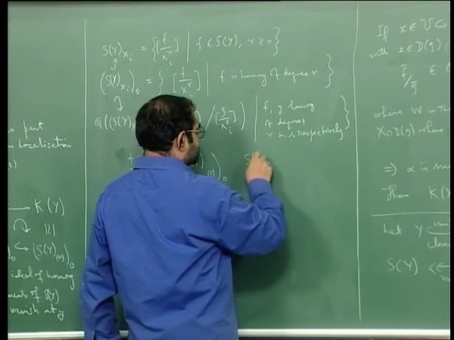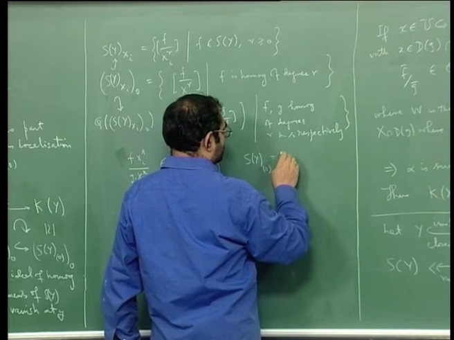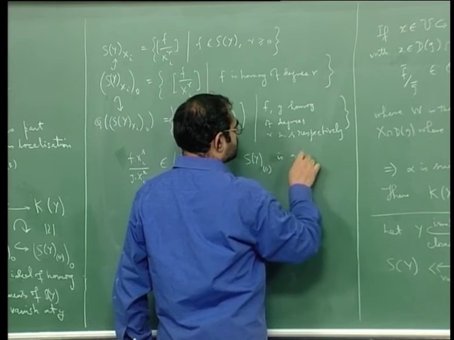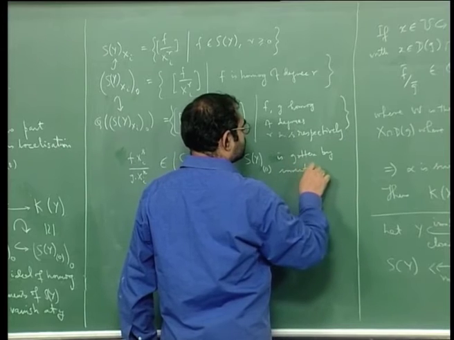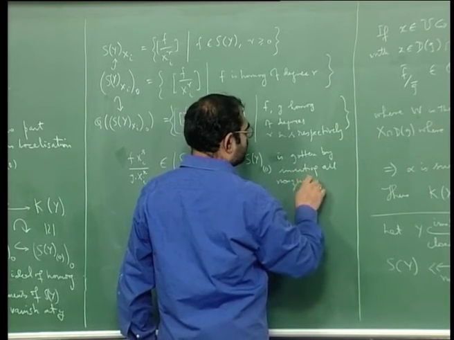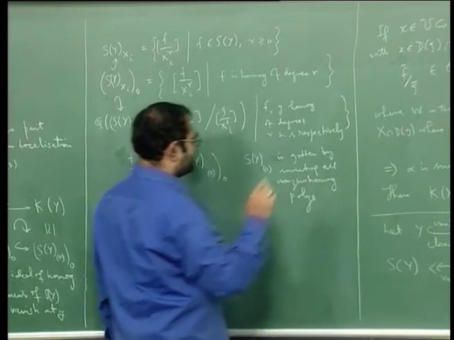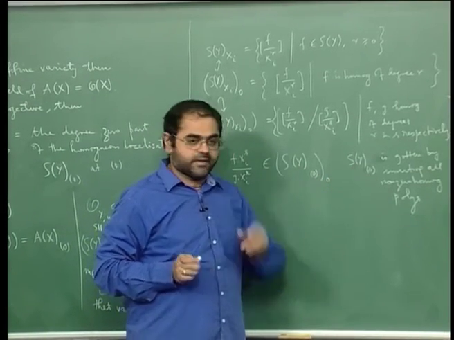See, S_y localized at 0 is gotten by inverting all non-zero homogeneous polynomials. Okay, the notation is ring localized at a prime ideal.